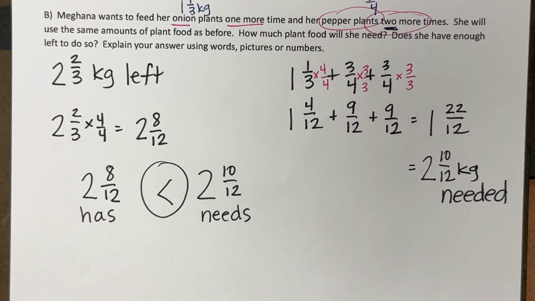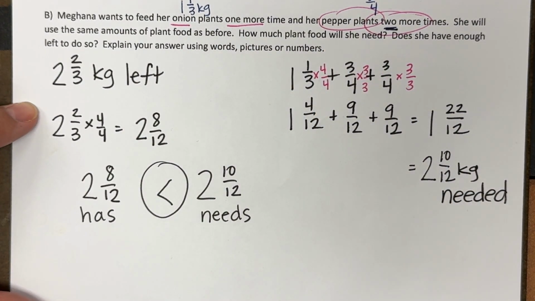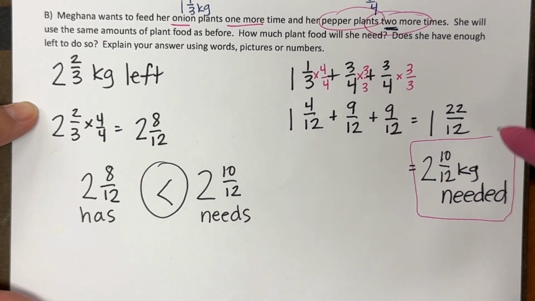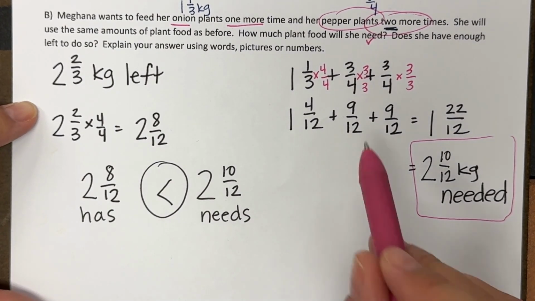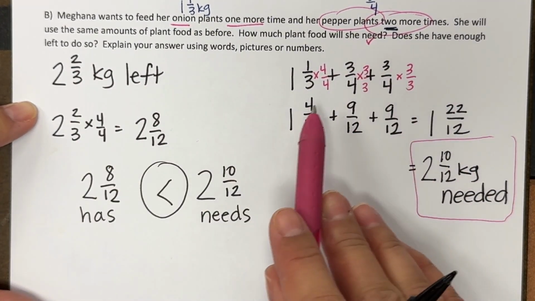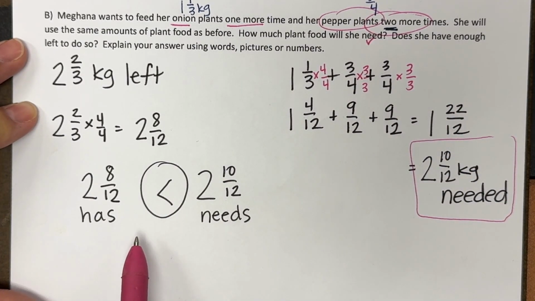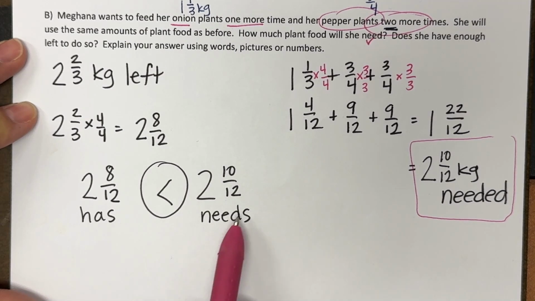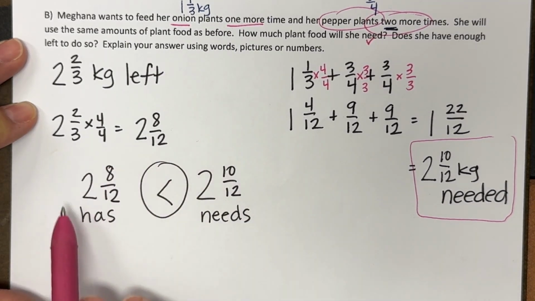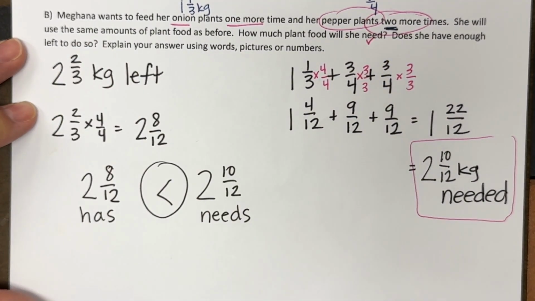So how much plant food will she need? That's this. So here's one of the answers, and you can check that off, that you've answered that question. It's important when there's multiple questions that you answer everything. Does she have enough left to do so? No. And then it says explain using words, pictures, or numbers. I am okay if you just leave it like this, but it says, does she have enough left to do so?